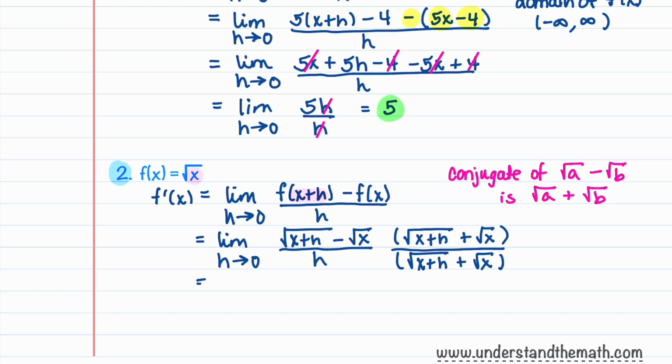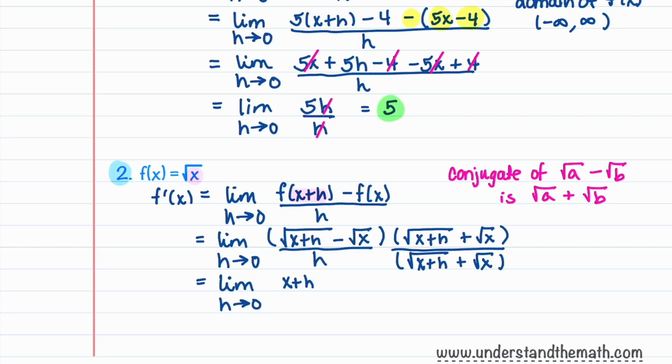Now let's go ahead and use the FOIL method to solve this. I'm going to put parentheses around this top piece so it makes it easier. The FOIL method says the first thing we do is multiply the first terms, and that is the square root of x plus h times the square root of x plus h, so that just gives us x plus h.